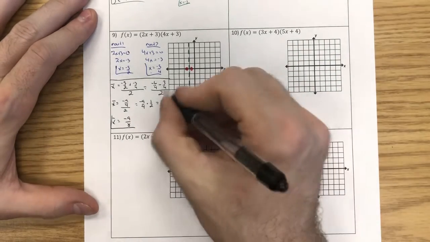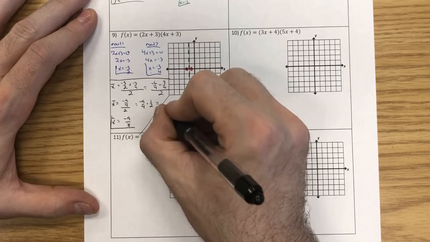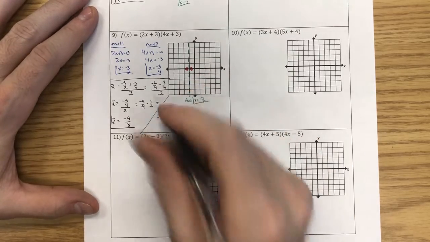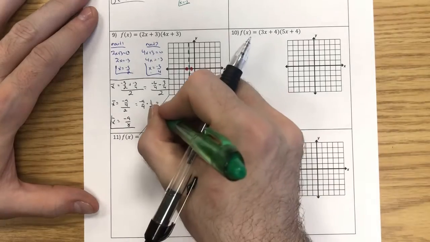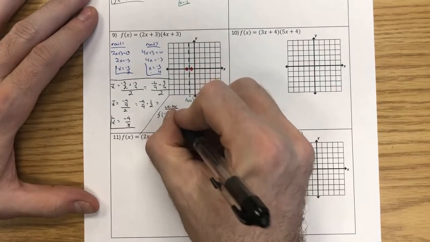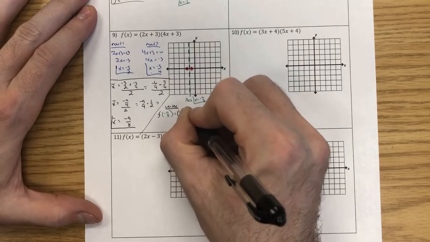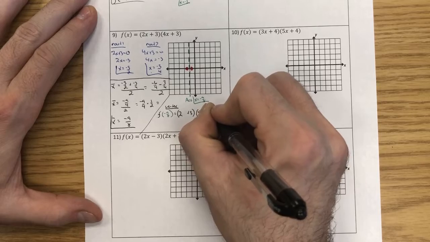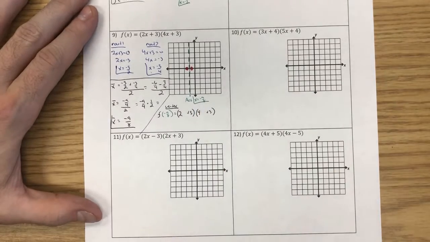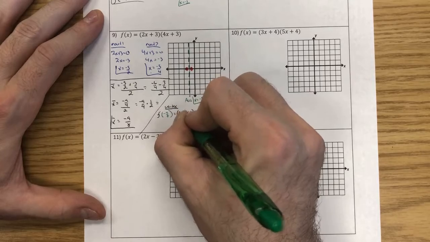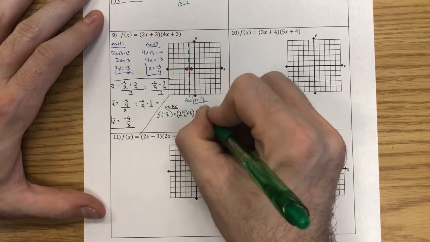So I'm going to plug that in and say, to find my vertex, I'm going to take f of negative 9/8 equals 2 plus 3, 4 plus 3. And we see that this is going to get a little dirty. That's okay. Negative 9/8, negative 9/8.